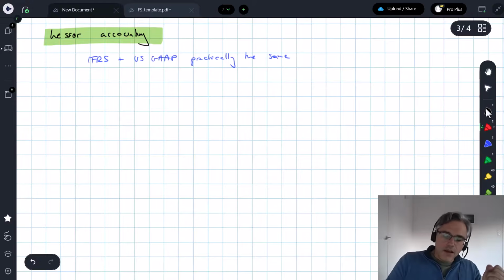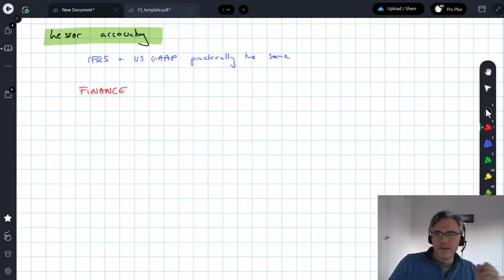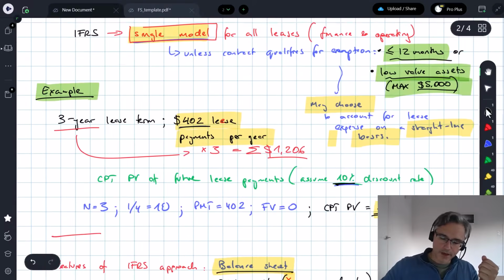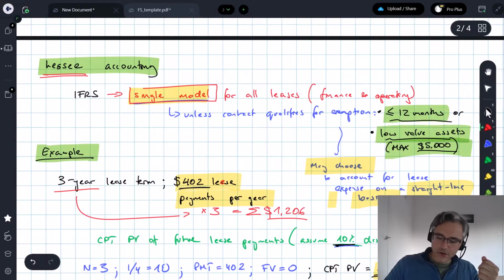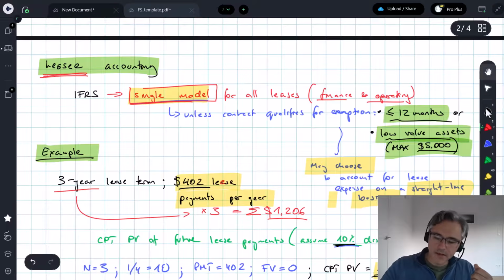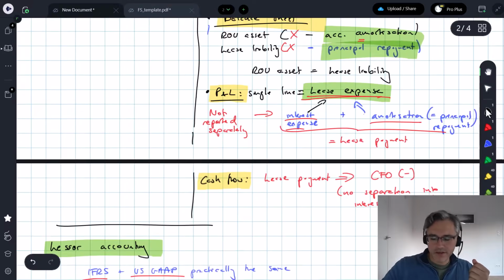Great. So you do, however, need to appreciate that both under IFRS and US GAAP, it matters whether we're dealing with a finance lease. Although IFRS has a single model for leases, be they finance or operating, if you're the lessee, that doesn't apply to lessors.